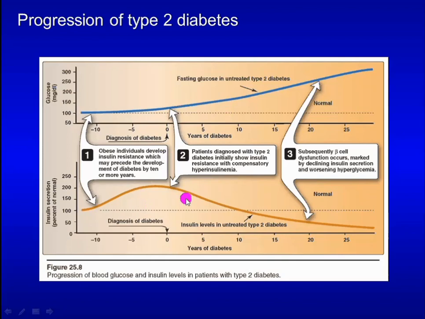When the pancreas has exhausted its capacity, insulin production starts to fall. Then, glucose level rises even further. This eventually leads to full-blown type 2 diabetes.